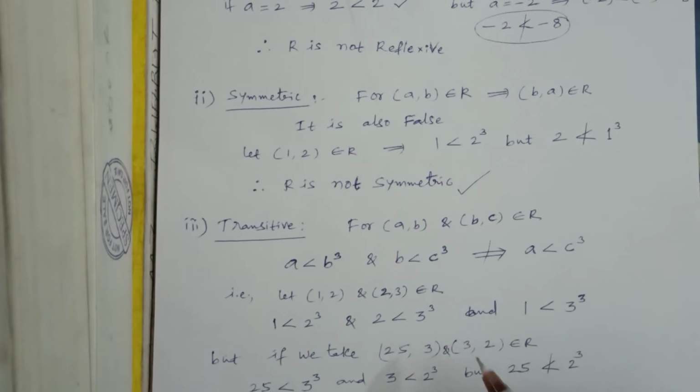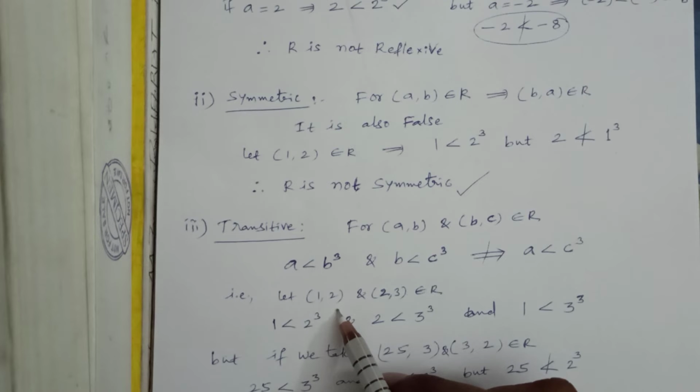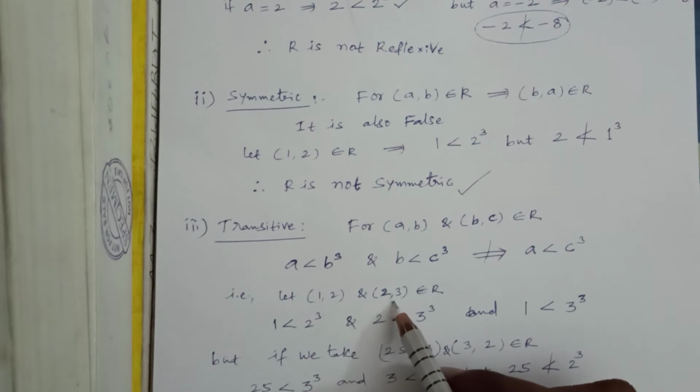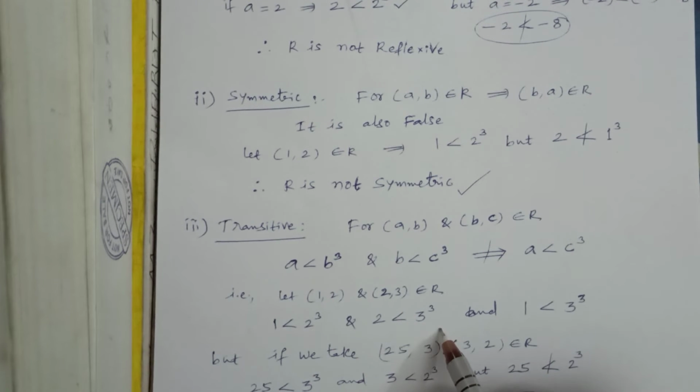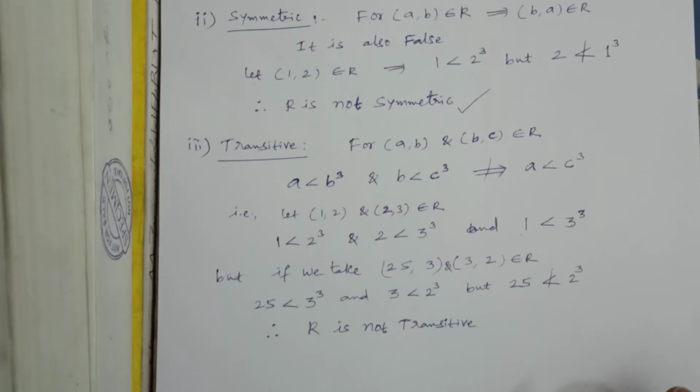Let us take (1, 2), (2, 3), because 1 less than 2 cube, 1 less than 8, correct, and 2 less than 3 cube, correct, and 1 less than 3 cube. But we cannot be satisfied with a single example. We have to take another example from the real number set.